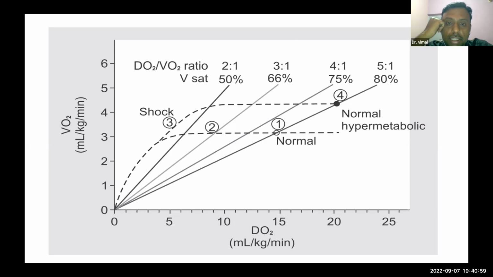So when the ratio is 2:1, then it can lead to metabolic acidosis, lactic acidosis, thereby causing organ damage. And once this process is not curbed, then it can lead to a vicious cycle of organ damage and thereby slipping into multi-organ failure and eventually death.